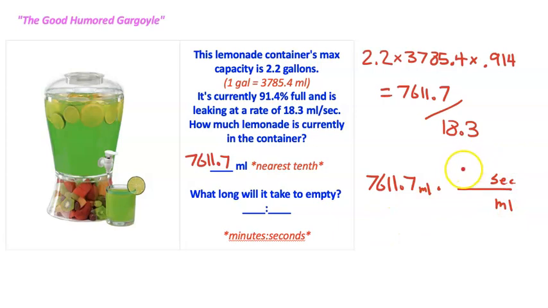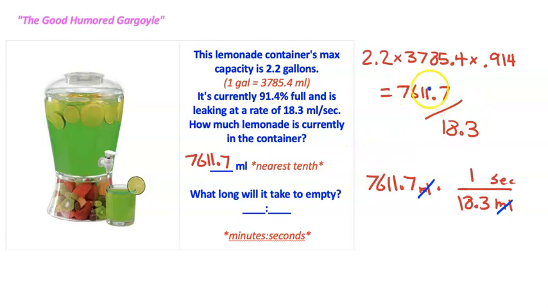Here we go. All right, so we have milliliters times seconds over milliliters, 18.3 milliliters per 1 second. So when you do this conversion equation, the milliliters would cancel, multiply straight across, and then you'd end up with that math anyway. Or just common sense, students.